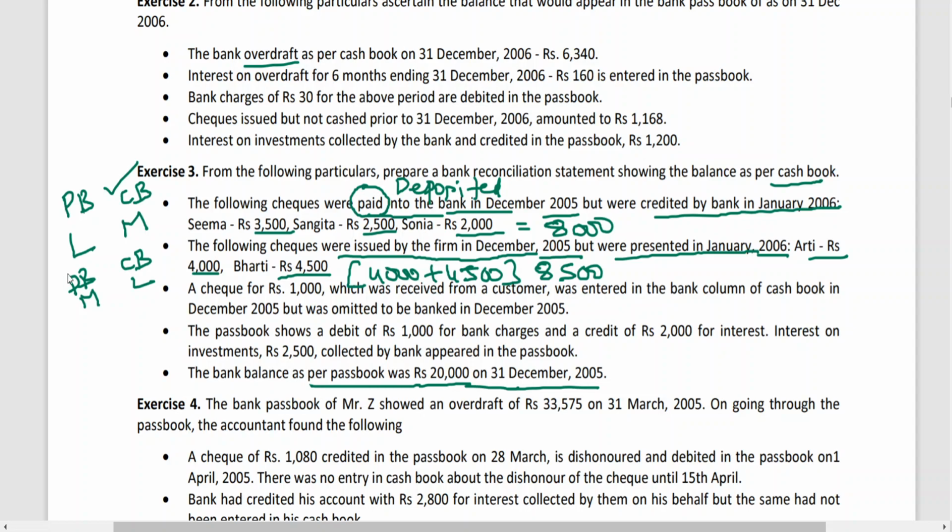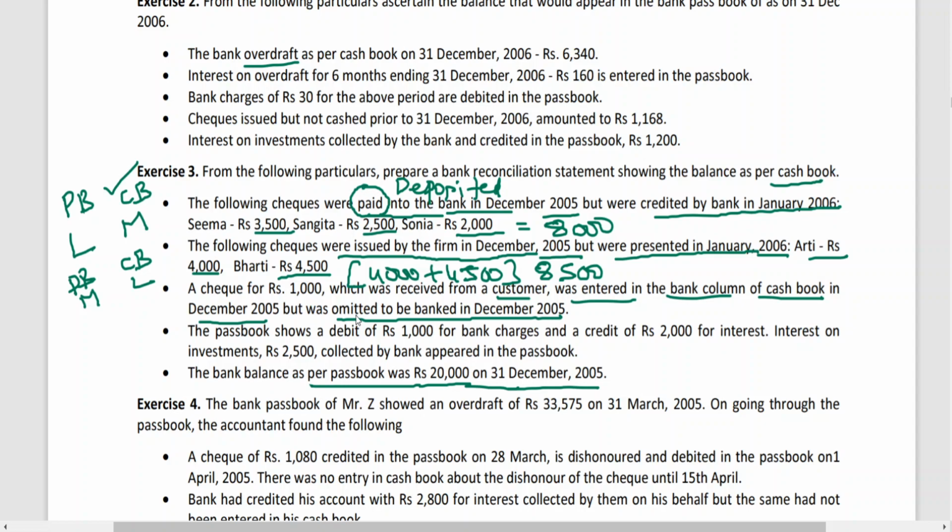Next. This is completed. A check for rupees 1,000 which was received from a customer was entered in the bank column of the cash book in December 2005 but was omitted to be banked in December 2005. That means the customer has given a check to us.